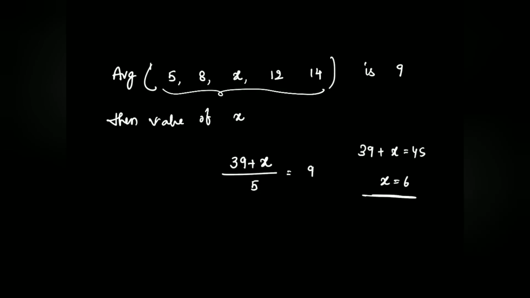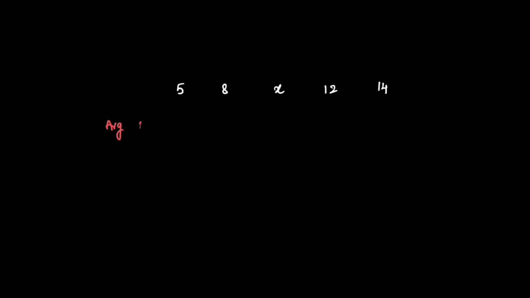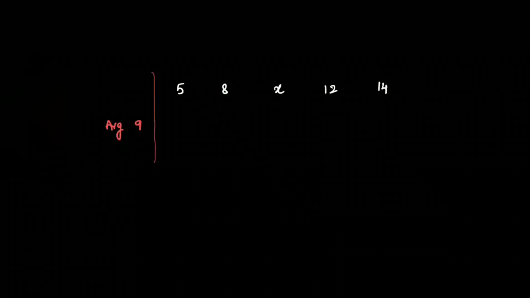This is how we usually find it. Suppose I take the same values 5, 8, x, 12, 14. Here I don't need to assume the average because it is given that the average is 9. Find out the deviations. 5 minus 9 is minus 4.